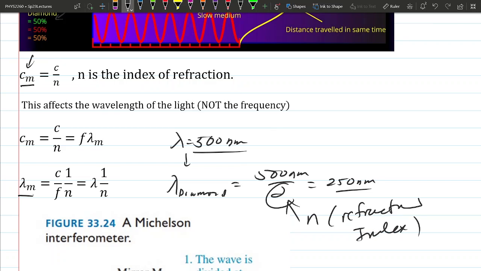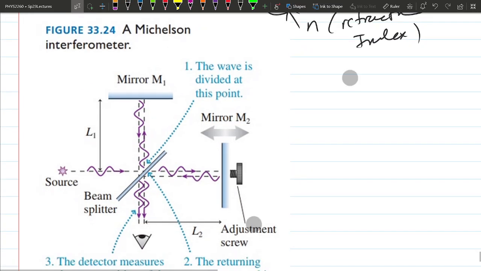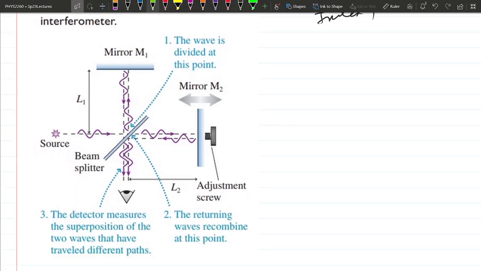This is going to be relevant to this little worksheet, because what the worksheet asks you to do, which is a problem in this chapter even though they didn't talk about refractive index, is, instead of translating mirror number 2 so you have a delta L2, put in a little air cell here with a length D. This little air cell is going to start off as a vacuum.